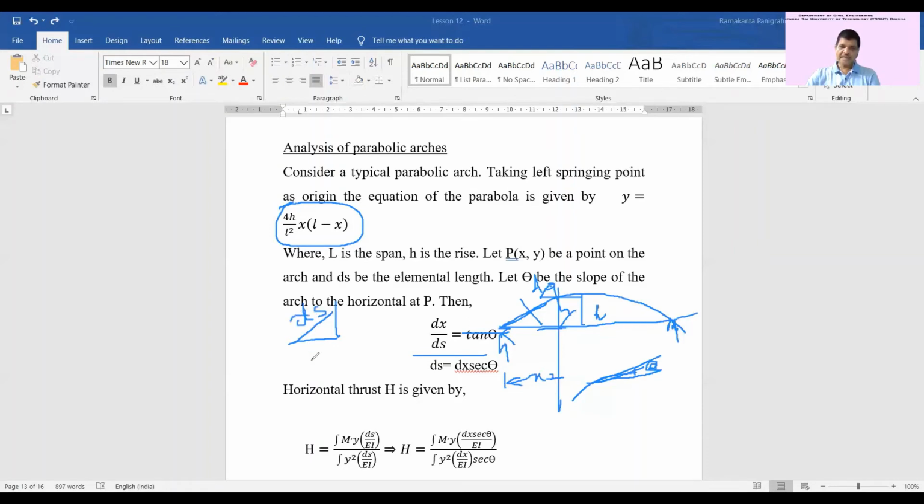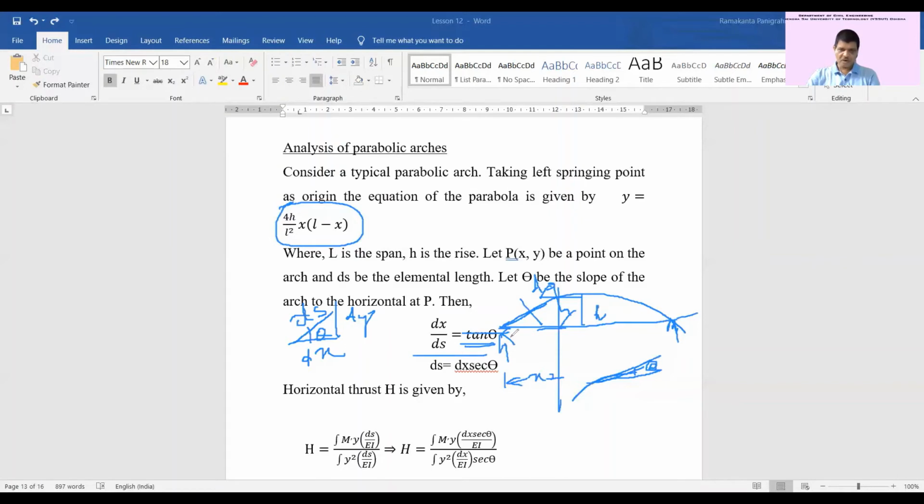So this is your ds, this is your dx, this is your dy, and this angle is theta. Tan theta is equal to dy by dx.